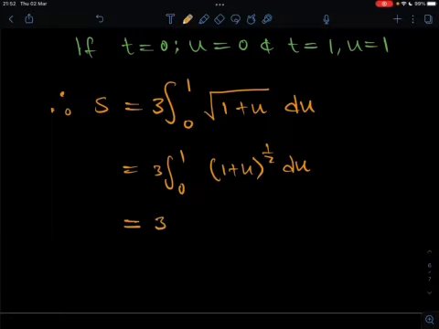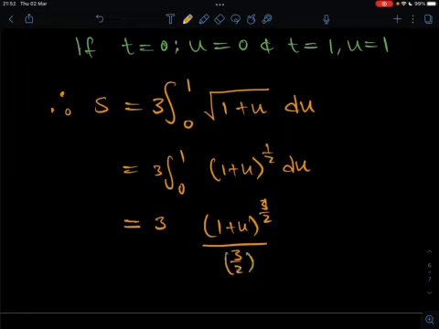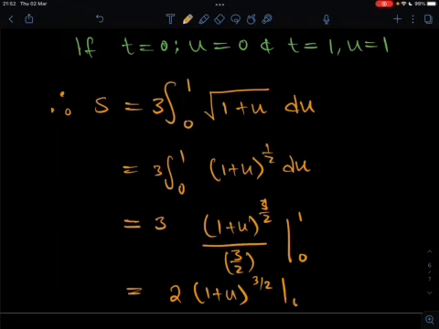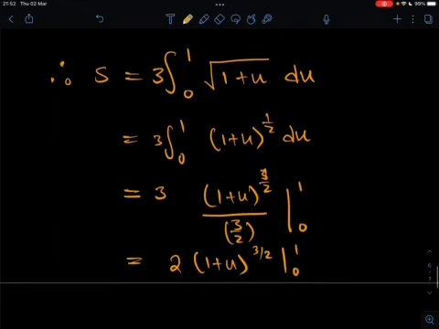And then we bring down that as a denominator to get that, and then we integrate from 0 to 1, like that. So we now see that all this will just simplify to become 2 times (1 plus u) to 3 over 2 from 0 to 1. So therefore, what is S?